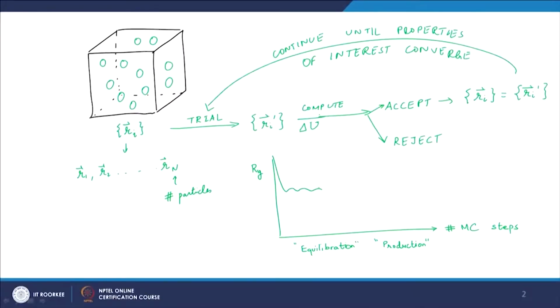So, in the equilibration phase I may get down to certain value, and then in production phase I will keep on fluctuating around that value, which is some sort of an average value that we can refer to as say Rg square, because you know for the ideal chain model Rg goes to 0. So, if I am doing like an ideal chain, I should be looking at Rg square, not Rg.